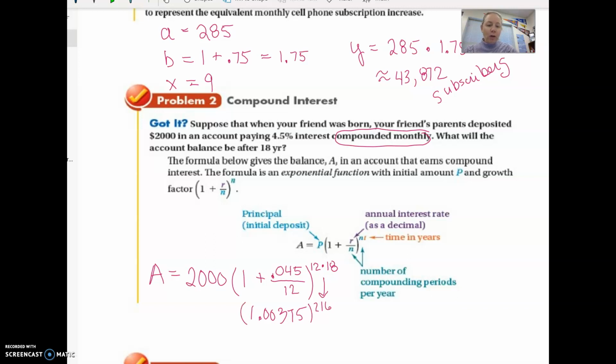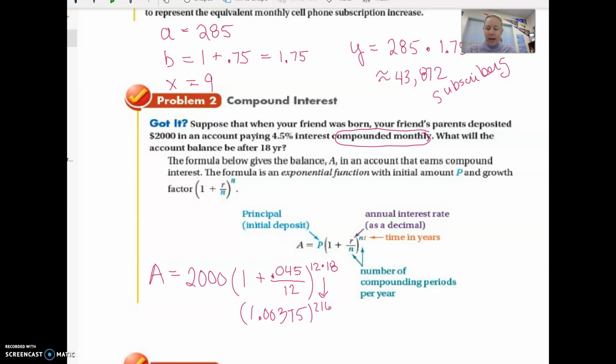So now I can plug the rest in on my calculator. I will do 2,000, and then in parentheses, 1.00375 raised to the 216th power.